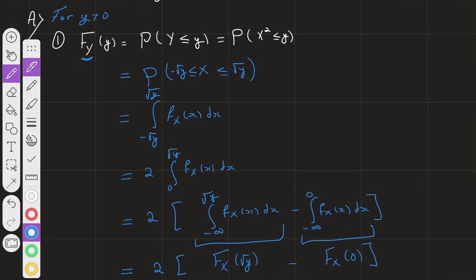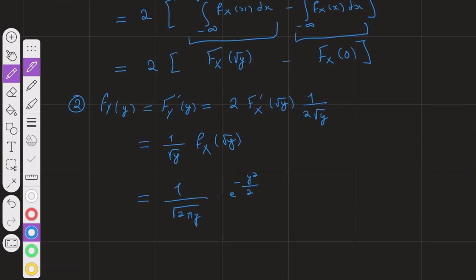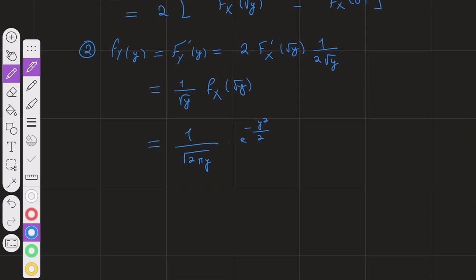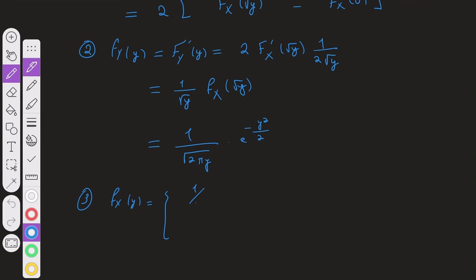And then we see that this thing that we've written here is valid for the square root of y for y strictly bigger than 0, and hence the formula for f sub y for all y can be written as 1 over square root of 2 pi y times the exponential of minus y squared over 2. This is for y positive, and it's 0 otherwise.